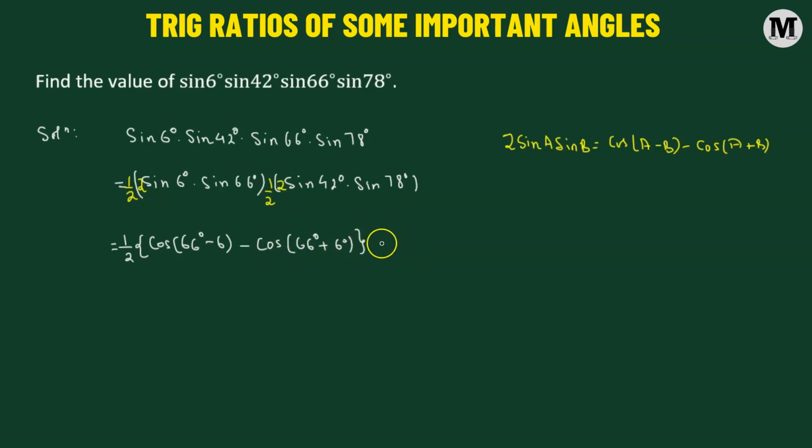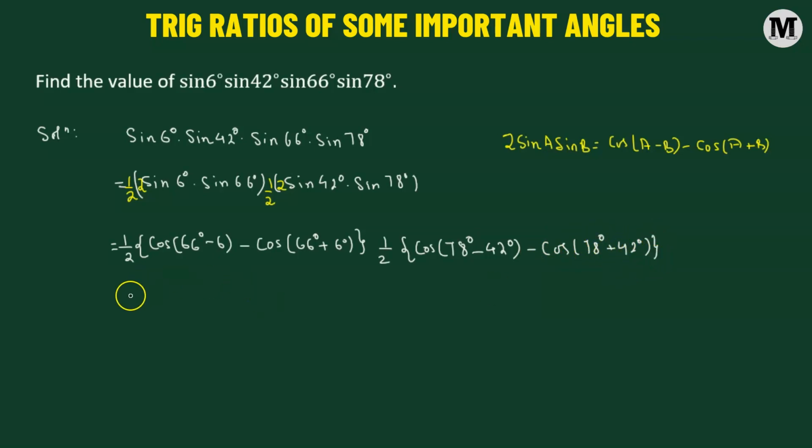Similarly, for the second product, we have half multiplied by cosine of, so here we'll take A to be 78 degrees and B to be 42 degrees. So first we'll take the difference, 78 degrees minus 42 degrees, minus cosine of angle 78 degrees plus 42 degrees.